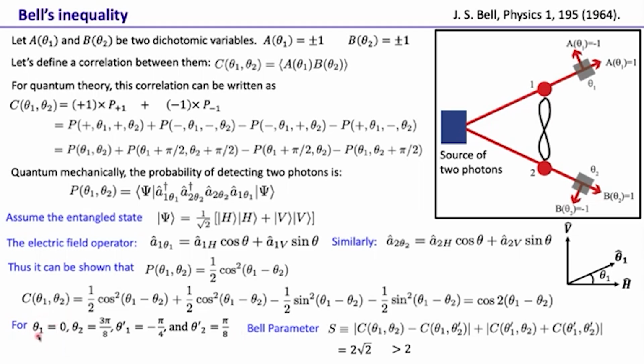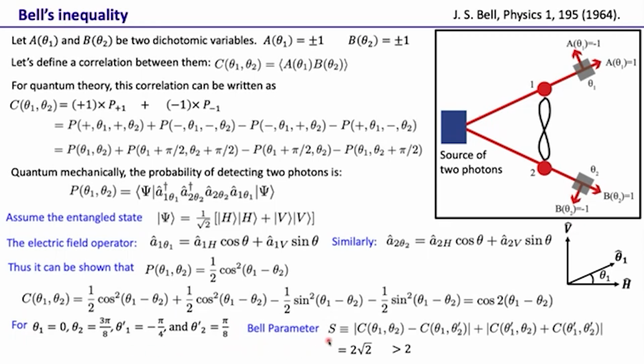If we take some other theta values, then S may not be greater than 2, but here is at least one set where the value is definitely greater than 2. So it violates the Bell inequality.